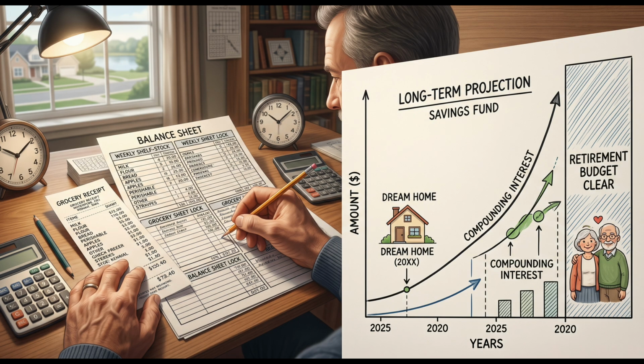Then looking ahead, the long-term projection, a house in the distance, a capital section, compounding the interest year after year until the retirement budget is clear.